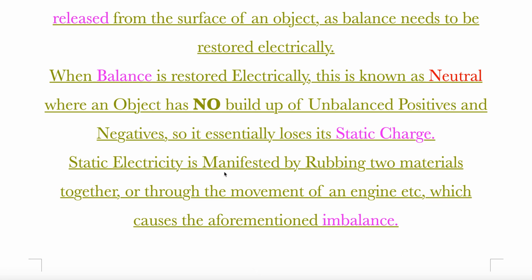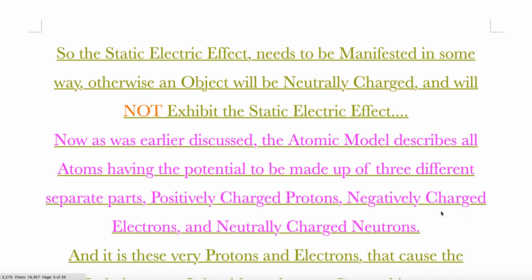Static electricity is manifested by rubbing two materials together or through the movement of an engine, etc., which causes the aforementioned imbalance. So the static electric effect needs to be manifested in some way, otherwise an object will be neutrally charged and will not exhibit the static electric effect.